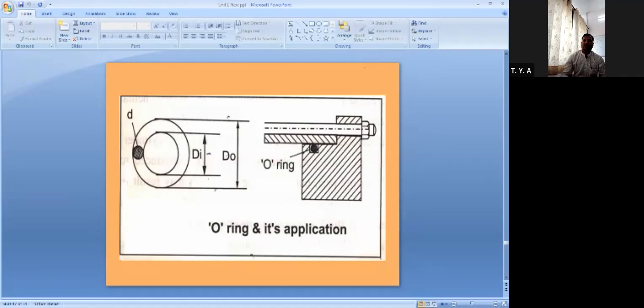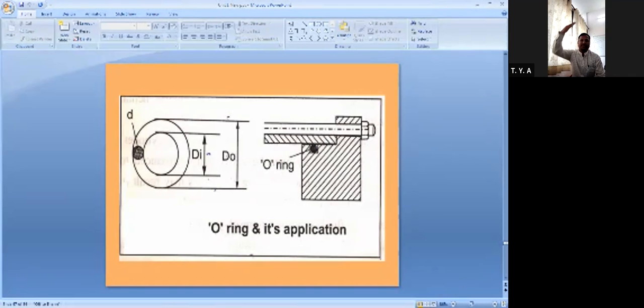See, whatever I have shown, the O. If we cut our cylinder, you can see it's a diagram.